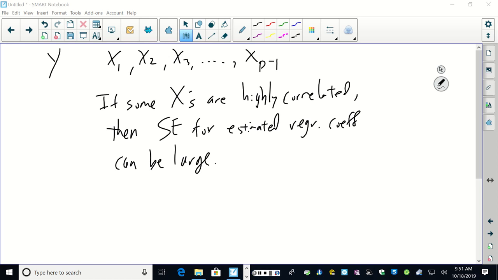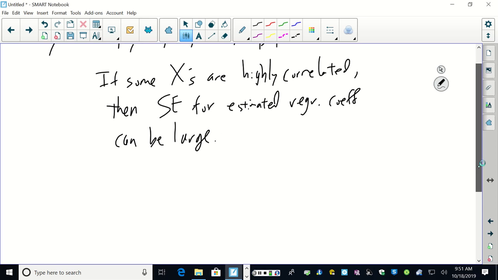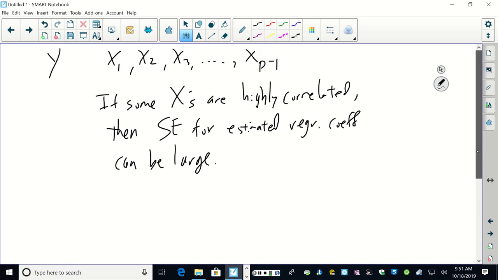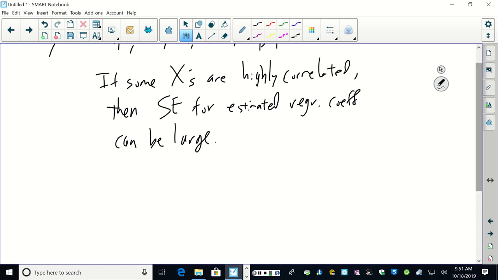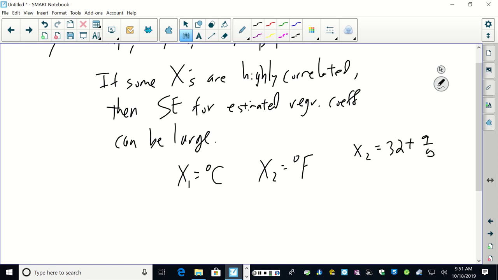As a more basic explanation of that, say x1 is temperature in degrees Celsius, and you've converted it to temperature in degrees Fahrenheit as well. Well, x2 is going to be 32 plus 9/5 times x1, so there's a perfect linear relationship, right?